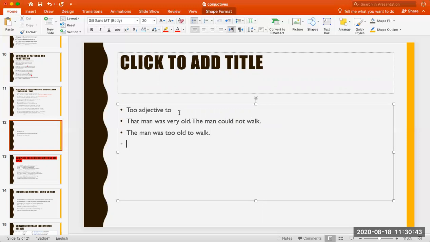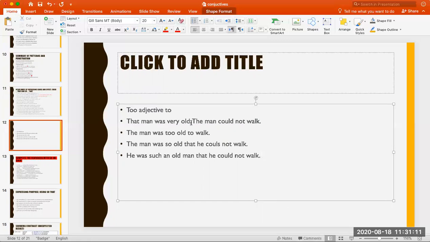It's beautiful. If you want to use so, you say, the man was so old, remember that, and then close that he couldn't walk. You could still use such in the sentence. Say he was such an old man that he couldn't walk. Look at how beautiful this is.